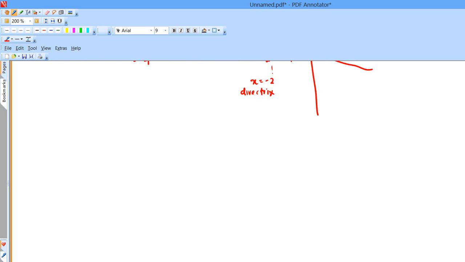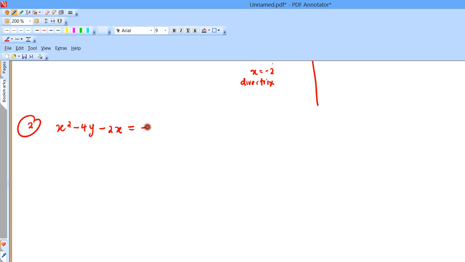Okay, example 2. If we have the equation x^2 - 4y - 2x = -5, how to write this equation in standard form? We need to use completing the square.